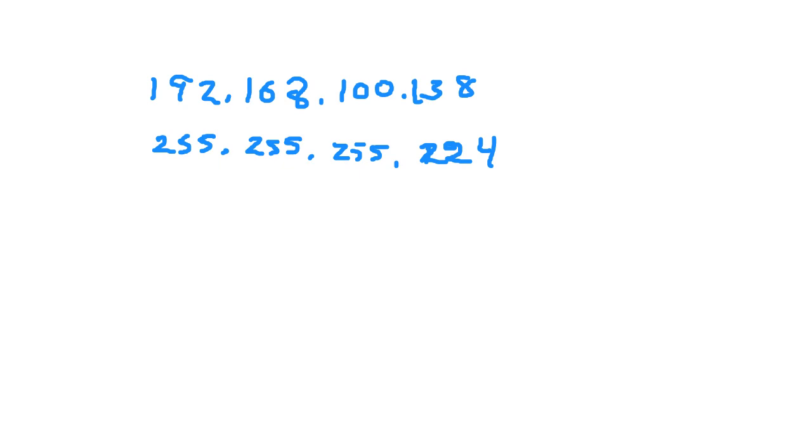And then they go down and they AND everything to figure out what is the portion of that address that's actually the network portion. If that makes sense to you, feel free to use it. Doesn't make full sense to me, so I don't use it. I go this approach instead.